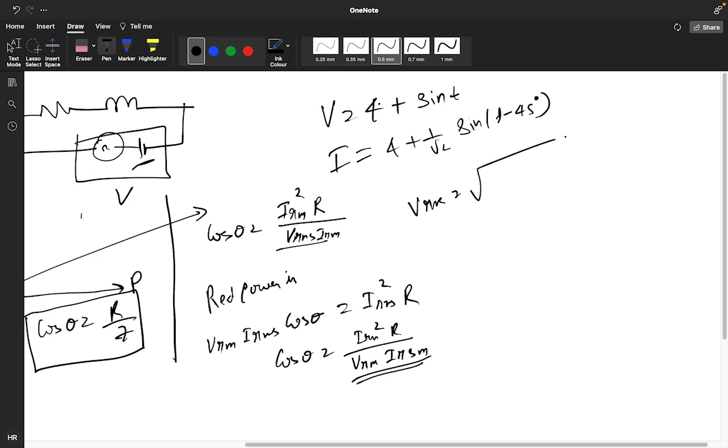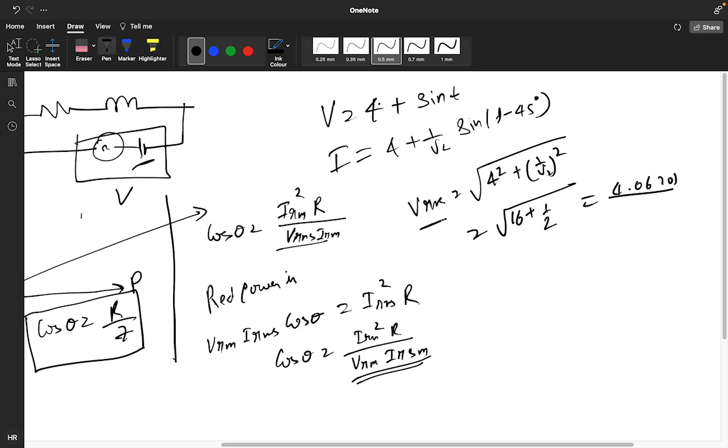VRMS is root under 4 square plus 1 by root 2 whole square. Tell me the value. 16 plus 1 by 2. How much will we get? 16 plus 1 by 2. 4.06, 4.06201.